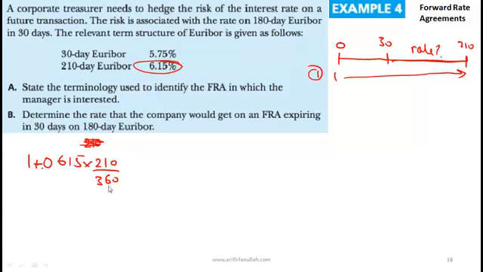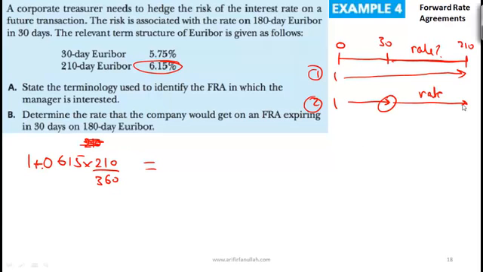So this is the convention with forward rate agreements. So do you agree with me? $1 invested at time 0 will become this much money at the end of 210 days. Now this should be the same as taking $1, investing it for 30 days, and then taking that money and investing it again at this rate.